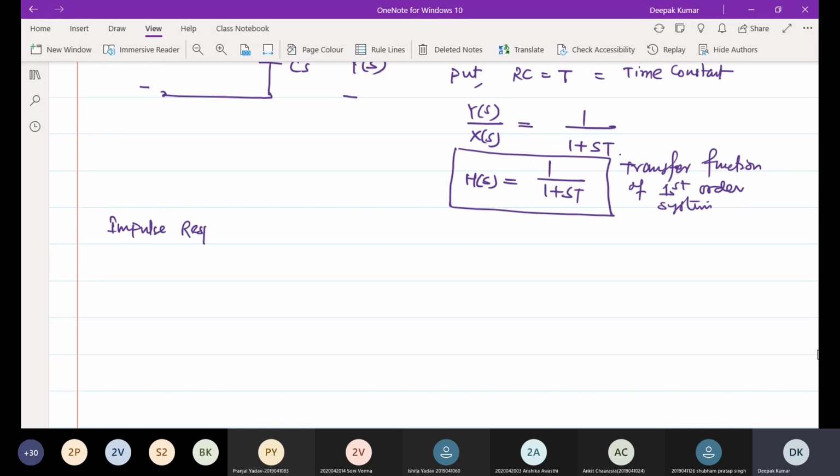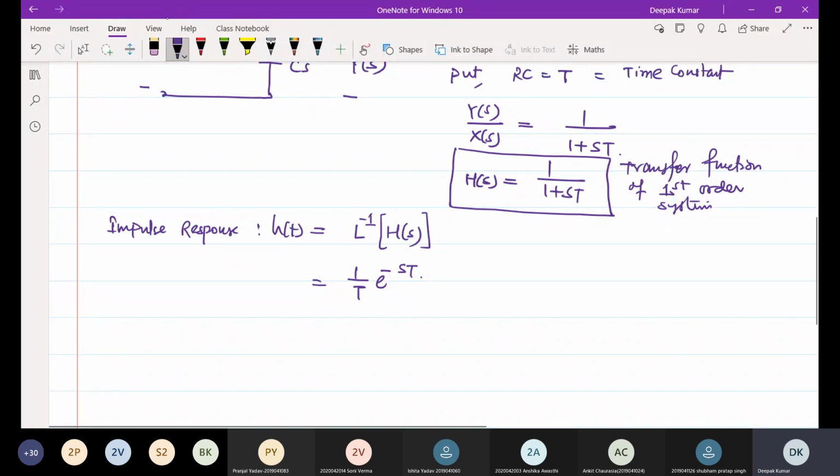The impulse response can be found as h of t equals the Laplace inverse of H of s, and it will be 1 by T e to the power minus t by T. Sorry, not sT. Are you getting this inverse Laplace?